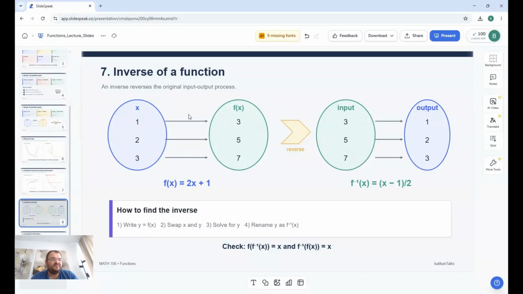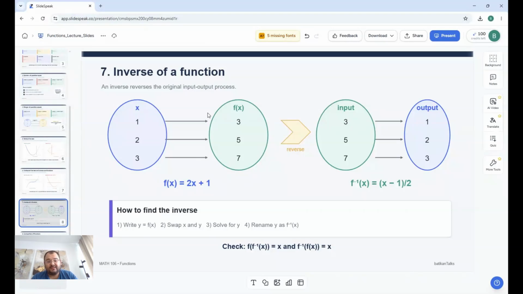For example, g(1) maps to 10, g(2) maps to 10, but when you take the inverse, 10 becomes the input, and 1 and 2 become the outputs for the inverse function. So you will end up with g inverse of 10 mapping to both 1 and 2.